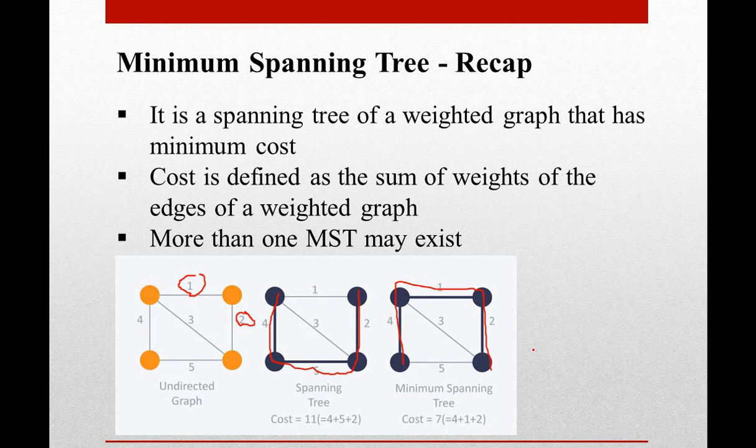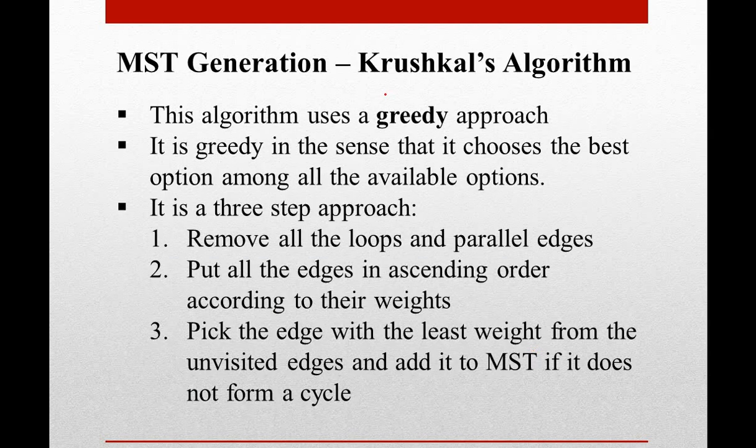You have an approach, and one such approach is Kruskal's algorithm. So let's look at this algorithm. Kruskal's algorithm is a greedy algorithm. When we say greedy, any greedy approach always finds the best option among all the available options.